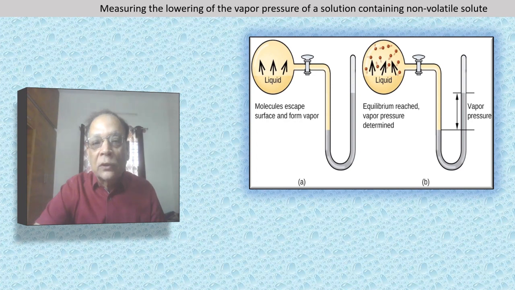The vapor pressure created by the pure liquid molecules forces the liquid in the left arm to go below, and a subsequent and equal rise is seen in the right arm. The difference between these two levels is the vapor pressure of the liquid here. Now, if I add some solute, this difference will get lowered. So this is how the measurement takes place.